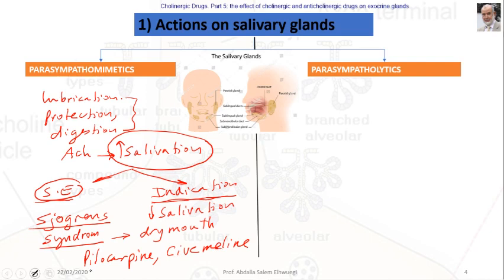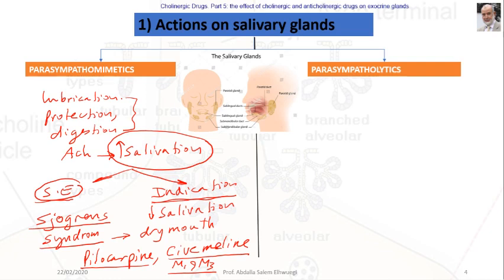What's the difference between both? Pilocarpine, as we know, is a cholinergic alkaloid, a natural plant product. Cevimeline is chemically produced. It acts as an agonist at M1 and M3 receptors, and we therefore expect that cevimeline will produce fewer side effects than pilocarpine.